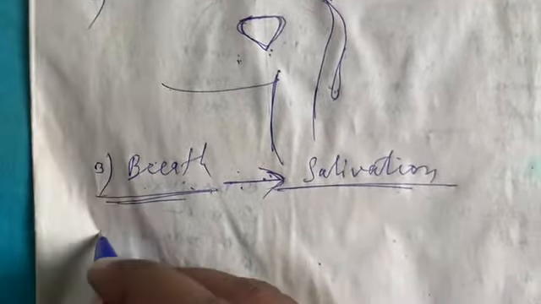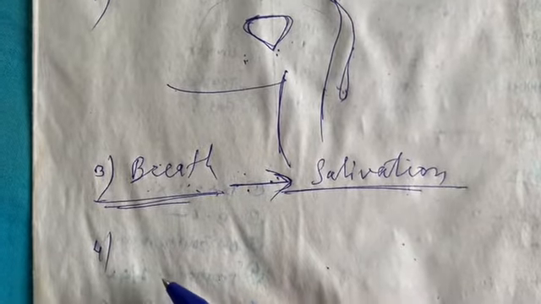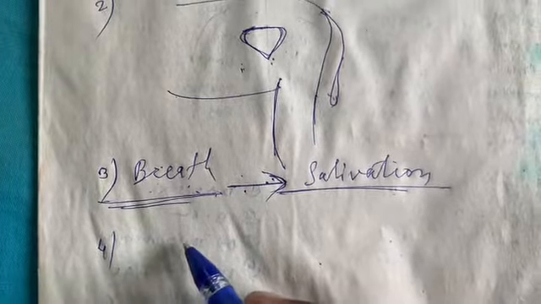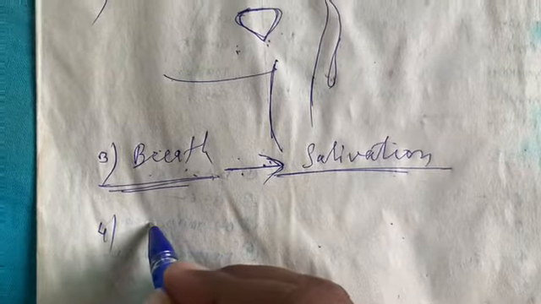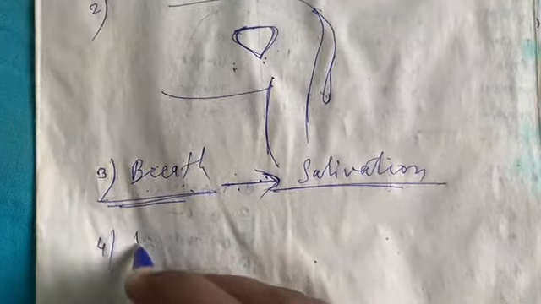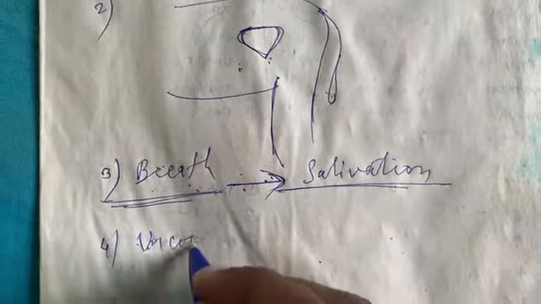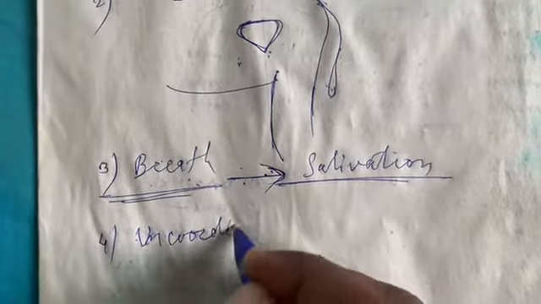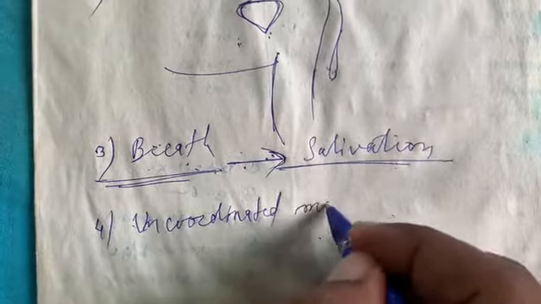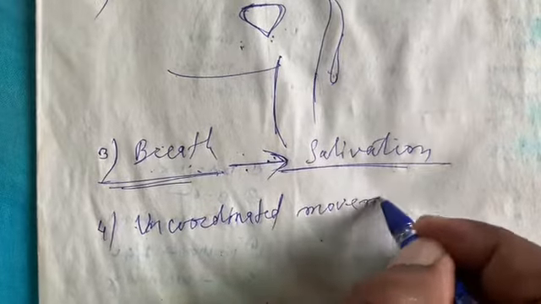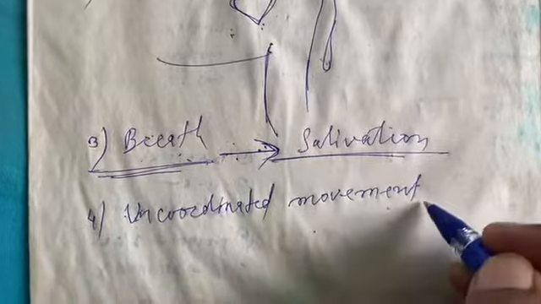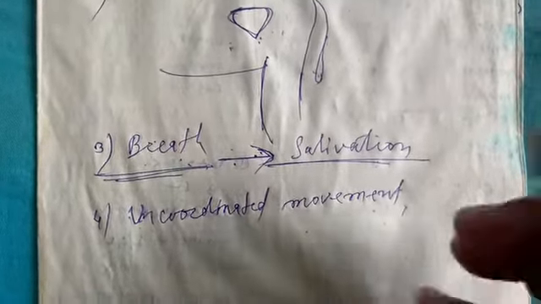Then the next one: when the distension of the abdomen becomes extreme, the animal exhibits uncoordinated movements, meaning the movements are not as usual, not normal.